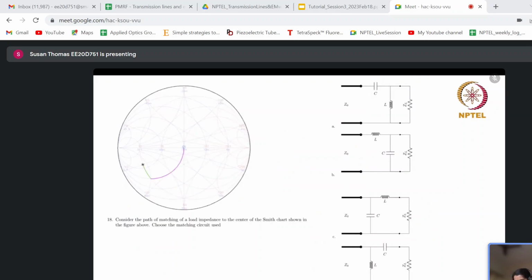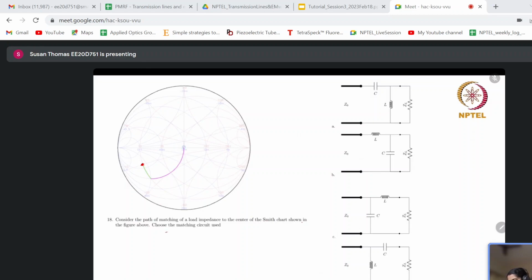Now let's have a look at this question. This is interesting to look at on the Smith chart. Consider the path of matching of a load impedance to the center of the Smith chart shown in the figure above.